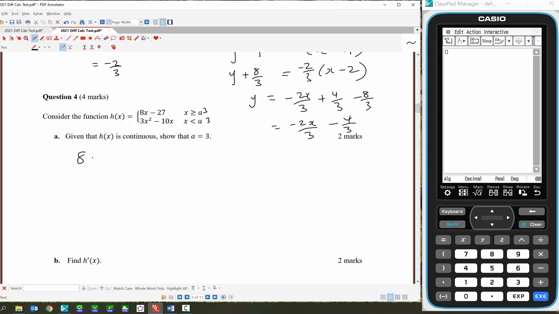So we'll go 8x take away 27 is the same as 3x squared take away 10x. Now that's going to be 0 equals 3x squared take away 18x plus 27. Alright, let's dump the 3.